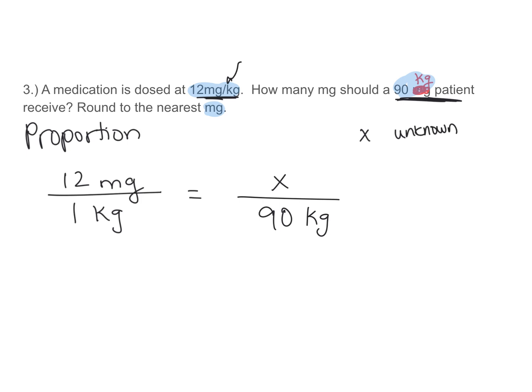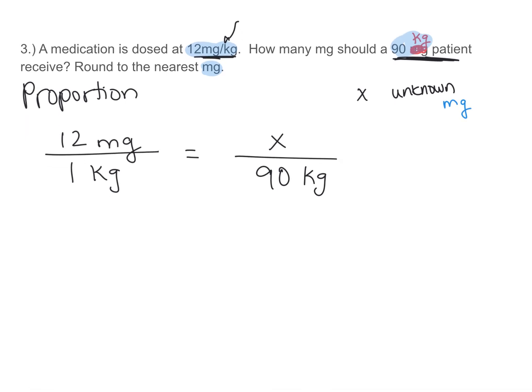And we know that our goal is to get to the milligrams. Okay, so I'm going to cross multiply, and I'm going to take the different values with me here. So when I multiply the 12 milligrams times the 90 kilograms, I'm going to write it as 12 milligrams times 90 kilograms is equal to X times 1 kilogram.